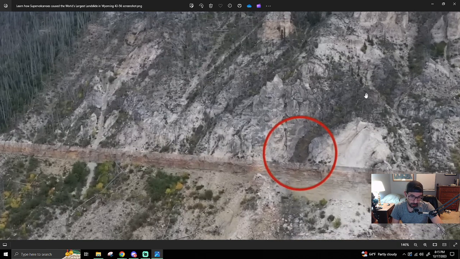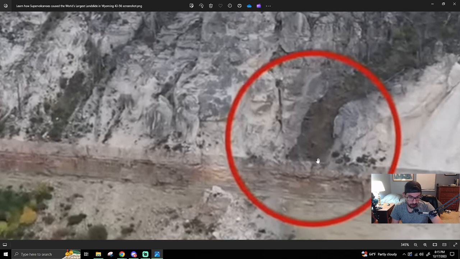So above it, it fills, but then it reaches this solid layer that has not broken apart above it, and so it just stops at the contact zone.